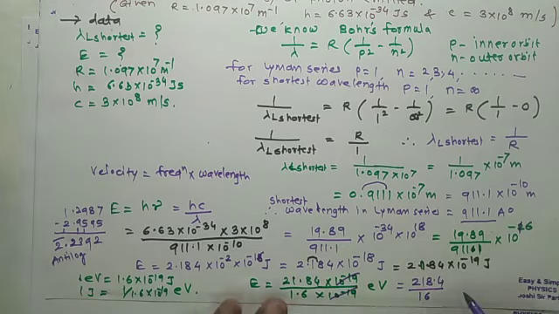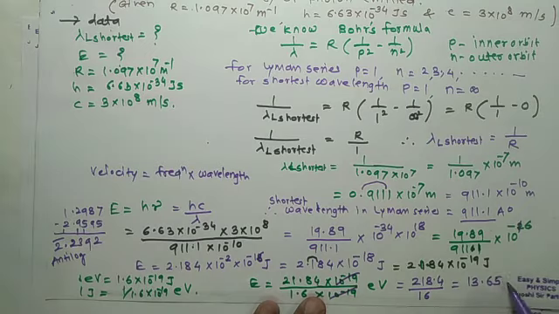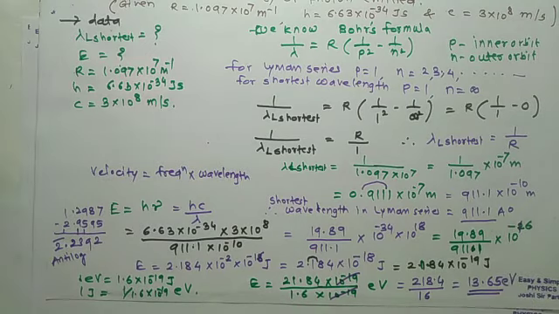So if division is done, your answer will be 13.65 electron volt. That is the energy of the photon which is emitted.